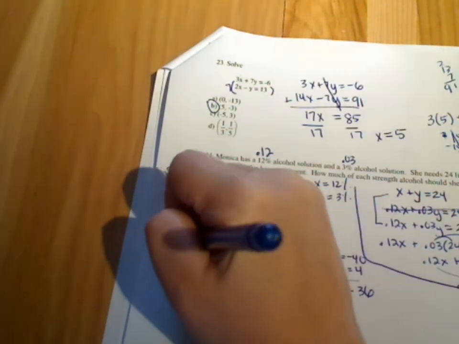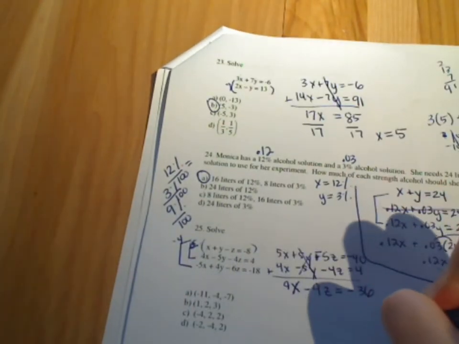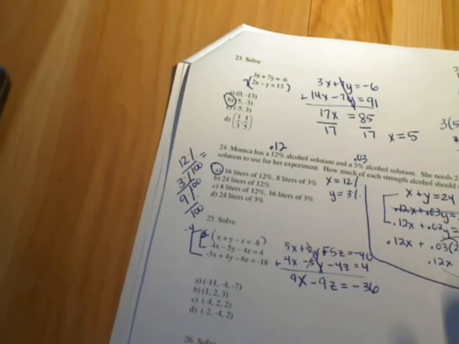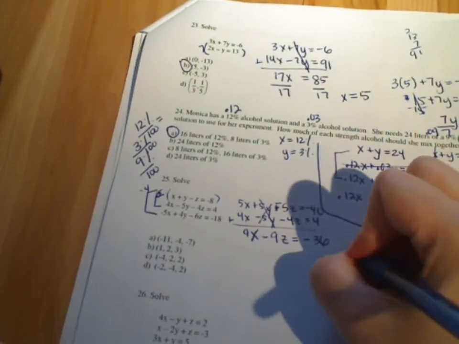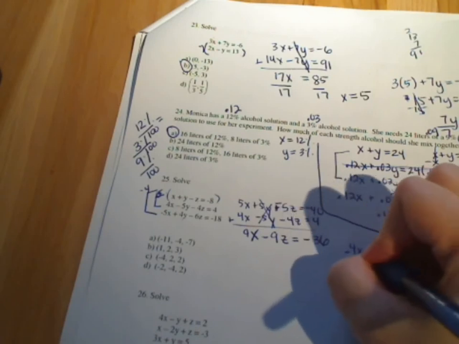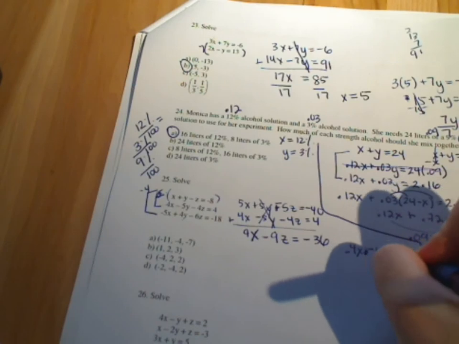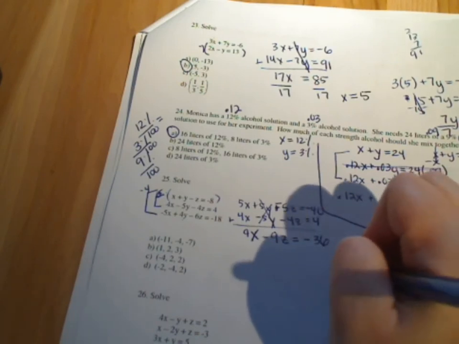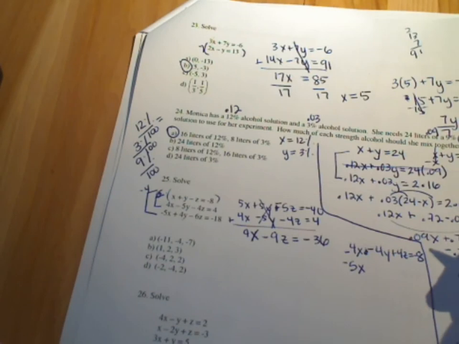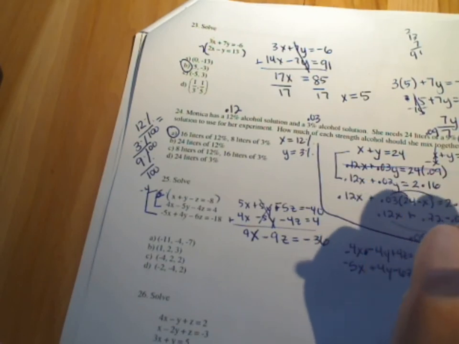So I'm going to multiply by negative 4. So I have negative 4x minus 4y plus 4z equals negative 8. That's the top. On the bottom, negative 5x plus 4y minus 6z equals negative 18.